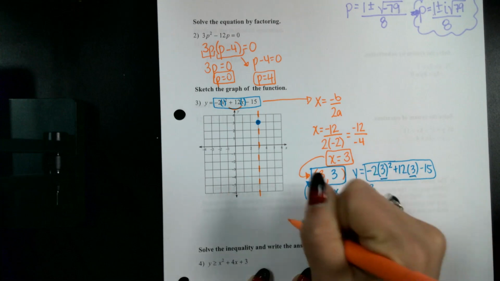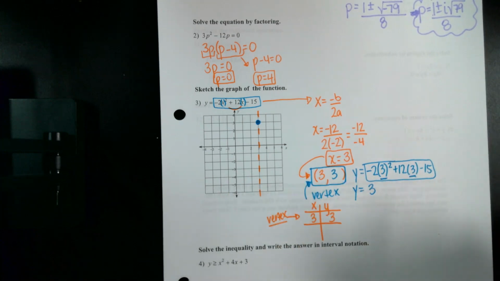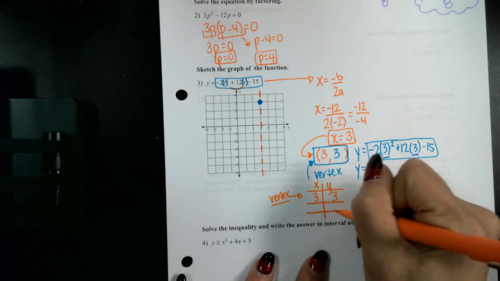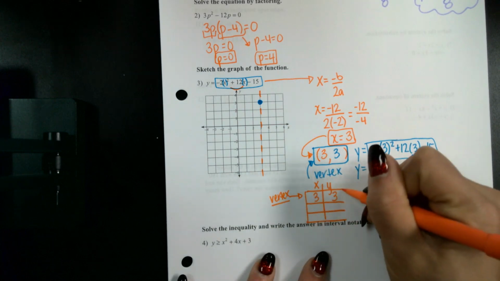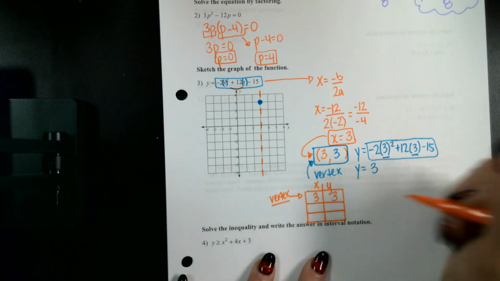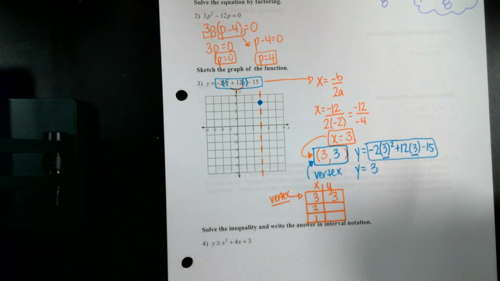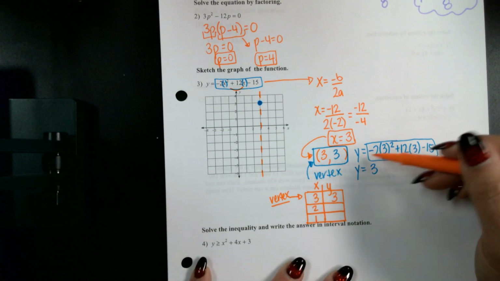Now, if our vertex is at the top of my t-chart, and that's at 3, what other 2 x values can we use? We could use 1 and 2 or 4 and 5. It doesn't really matter. We'll do 2 and 1 just because I heard those first. Now, the good news is, you already have this typed into your calculator once.